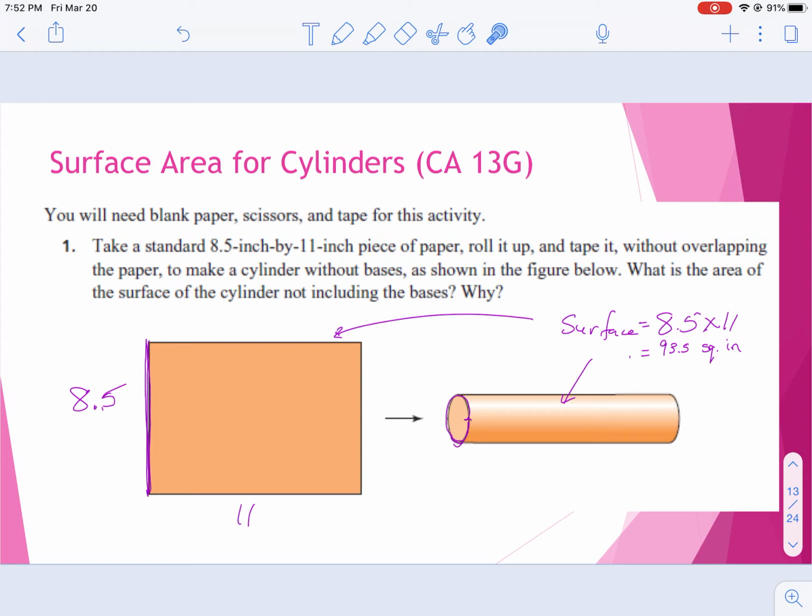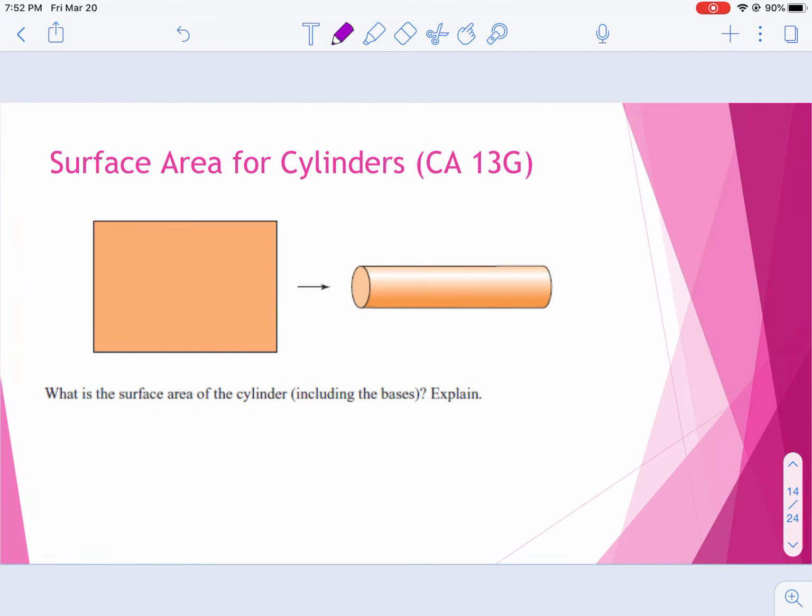Do you remember from before break, what is this distance around called? Hopefully you said circumference. And the circumference is found by taking 2 pi r, or pi times the diameter also works there.